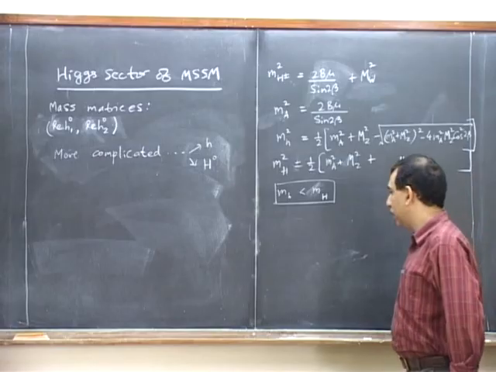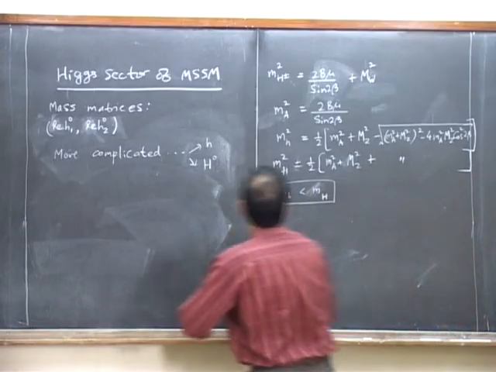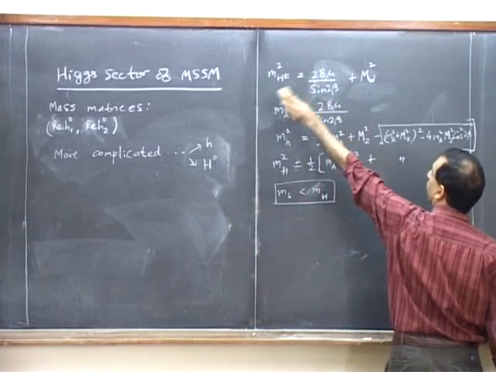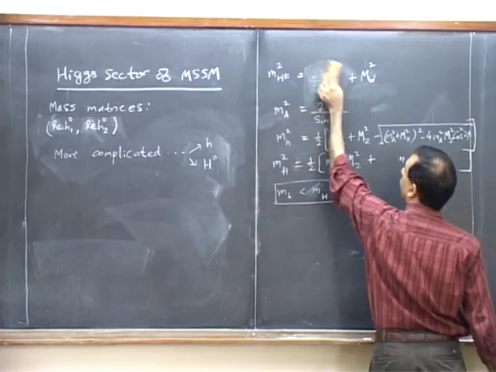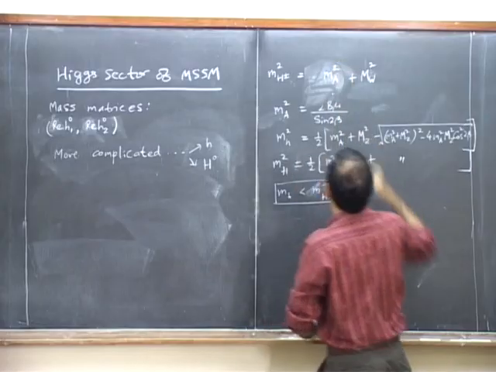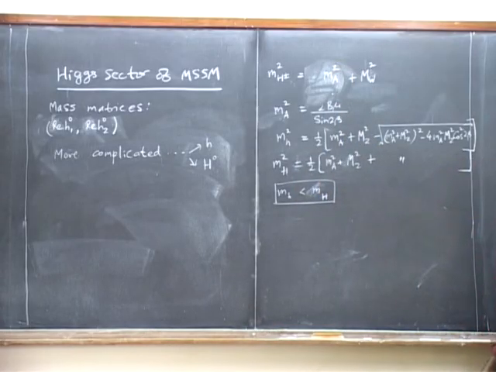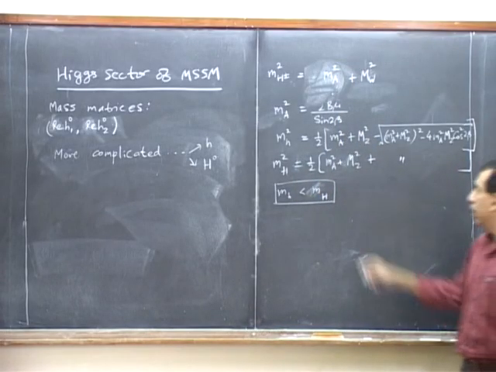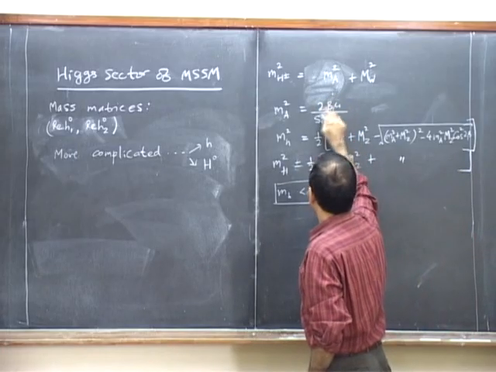In fact, right away you see that I can replace it here. This quantity by this equation is mA squared. So the charged Higgs I can write as having a mass mA squared plus mass of the W squared, and this I treat as an independent parameter.